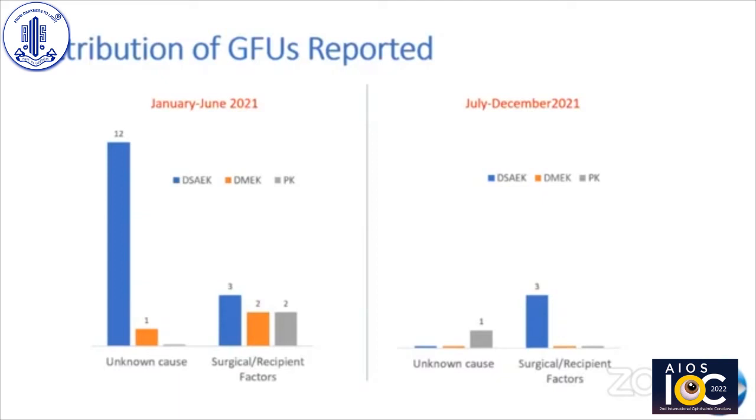We believe this is a very good example of our GFU reporting system identifying potential trends early, trends that may otherwise have gone unnoticed, and being able to identify and correct the problem to provide better outcomes.